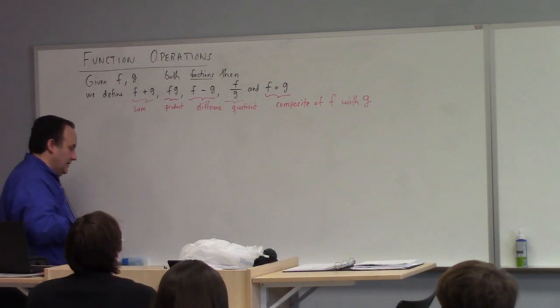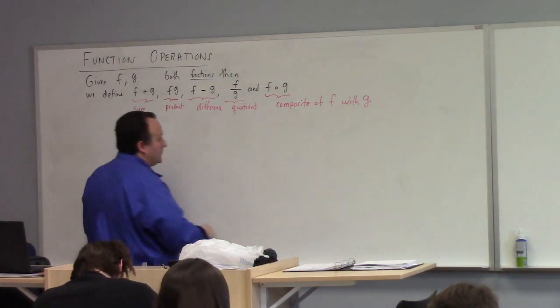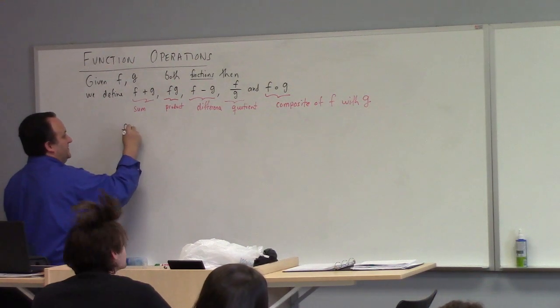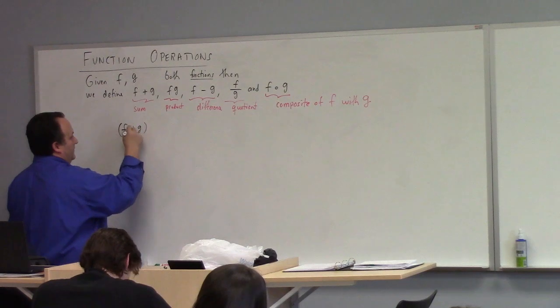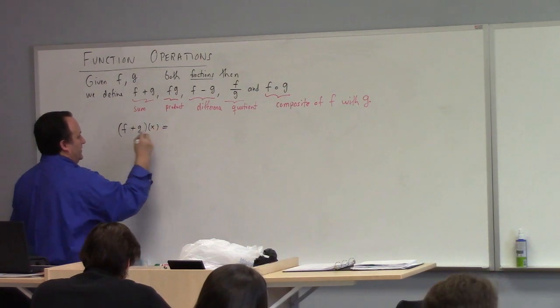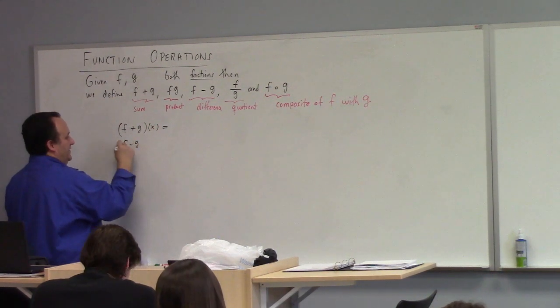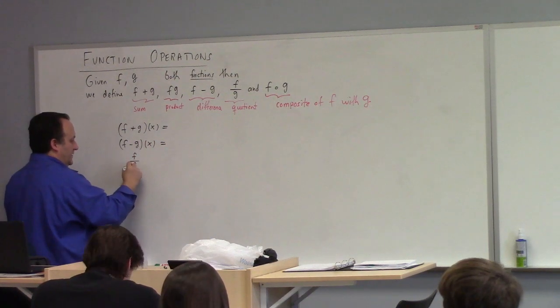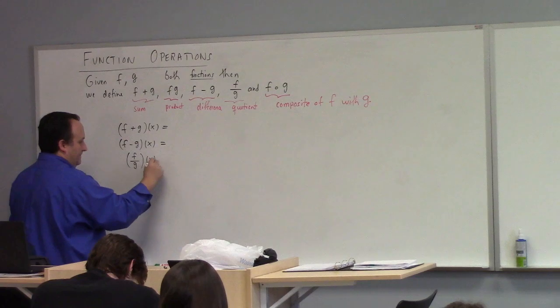All right. How do you define these things? Here's how we define them. It's very silly, but f plus g of x is equal to what? F minus g of x, what's that equal to? F over g of x, what's that equal to?